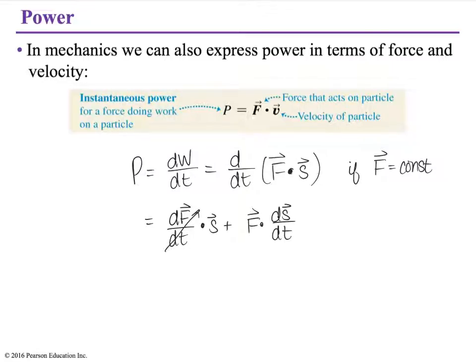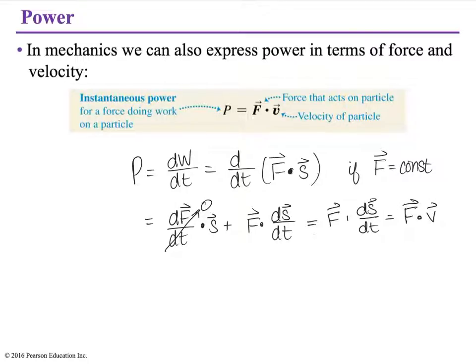But the first term is 0 because we just said the force was constant, and so our power could be just written as F times ds dt, which is just the velocity.